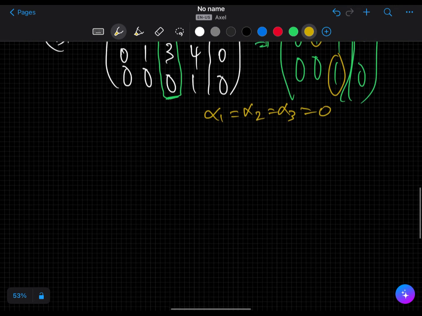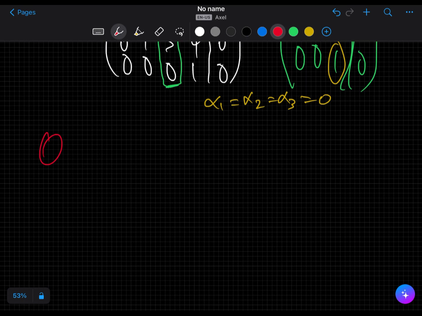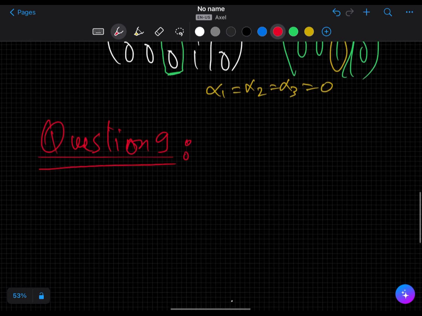Now, let me give you some hints on question 9. In question 9, you also have a homogeneous system, AX equal to 0.